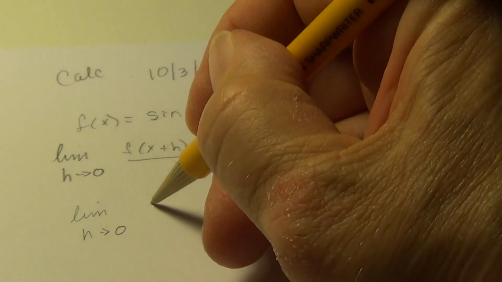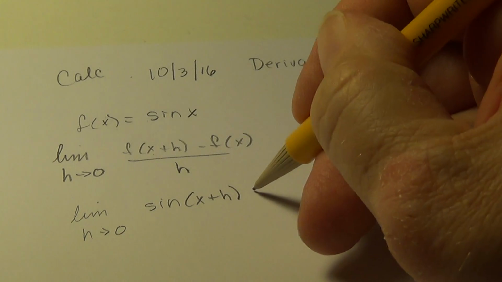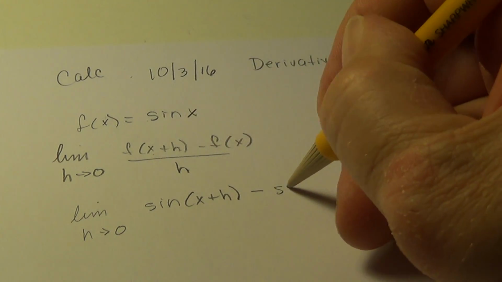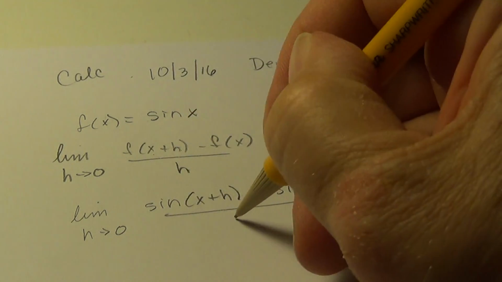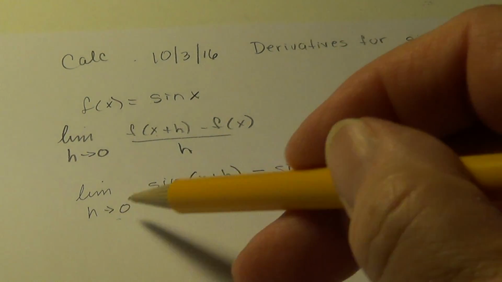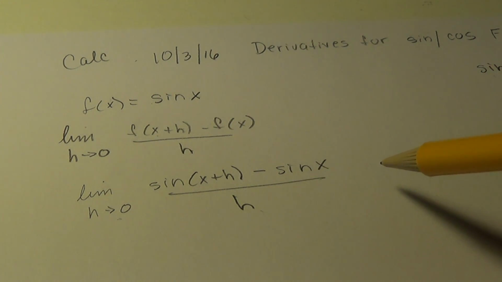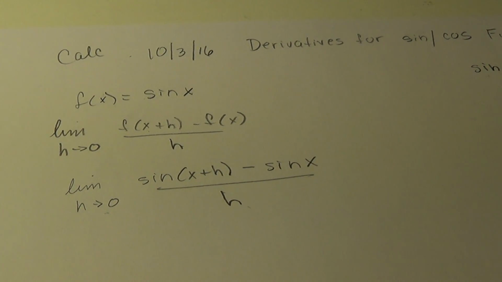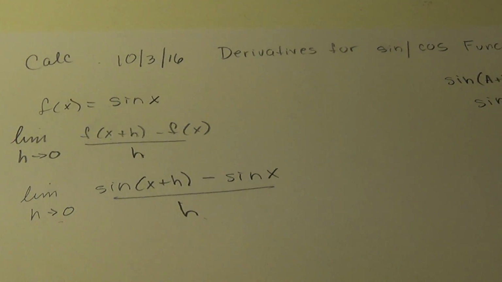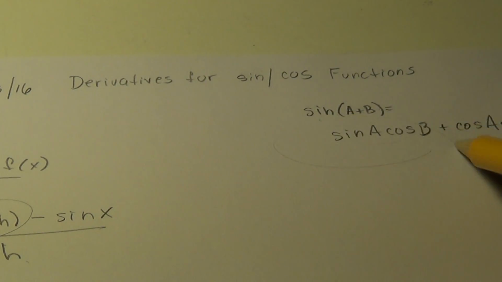So this will become sine of x plus h minus the function, all over h. Alright, that doesn't look too bad. However, if we substitute h for 0, we get a 0 denominator, so we have to think of something to algebraically solve that issue.